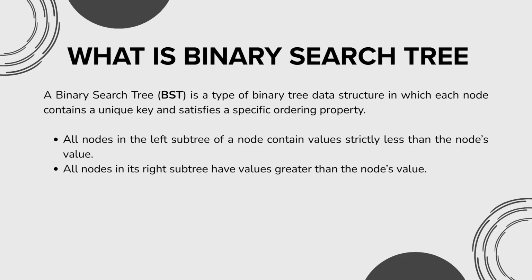These properties include that all nodes in the left subtree of a node contain values strictly less than sa atong node's value, and all nodes in its right subtree have values greater than the node's value. So, ang binary search tree daw is a type of binary tree, meaning each node can have at most 2 children. One left child and one right child.